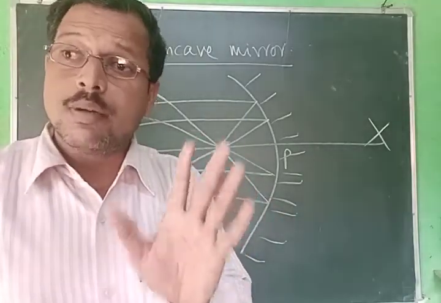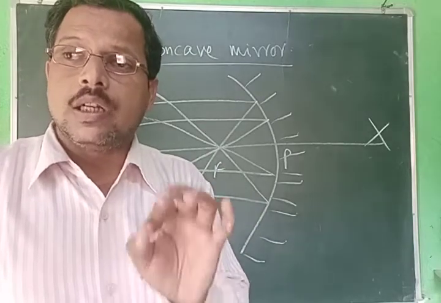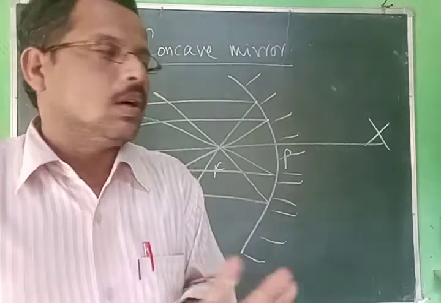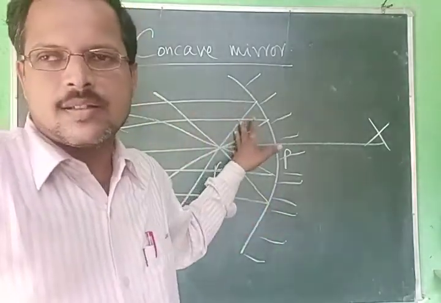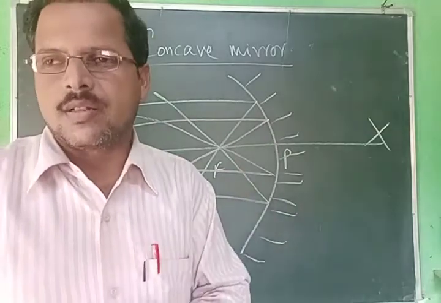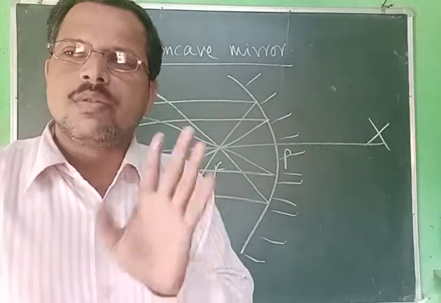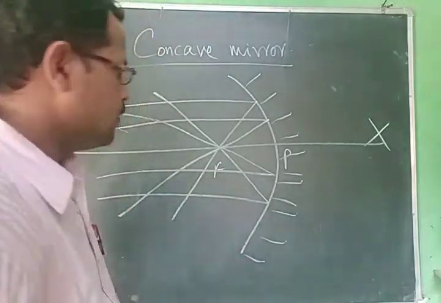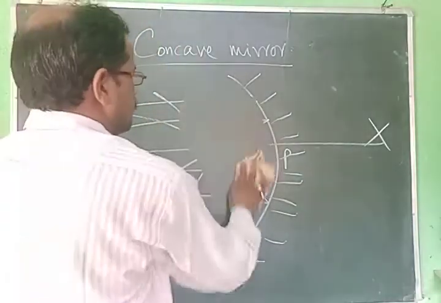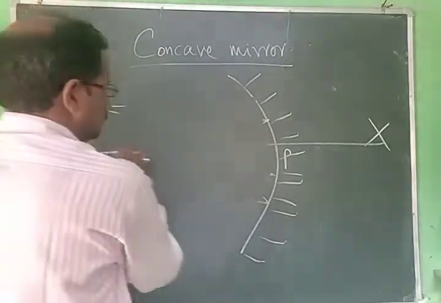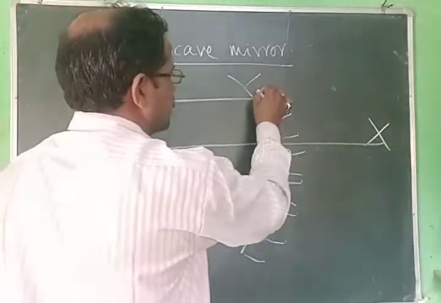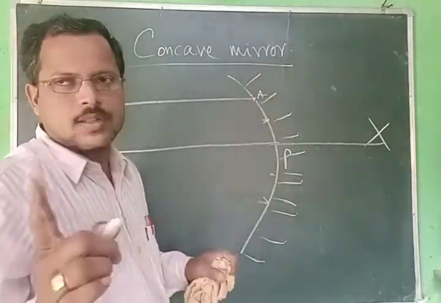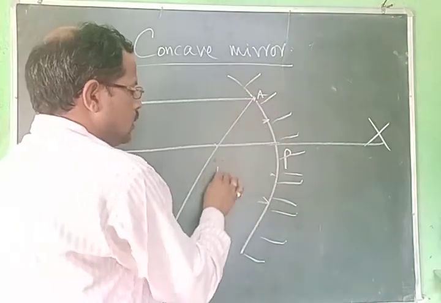Always observing the laws of reflection, the rays never ignore the laws of reflection. That means the angle of incidence must be equal to the angle of reflection. Suppose a ray of light comes to this point, the point of incidence, and it gets reflected through the focus.